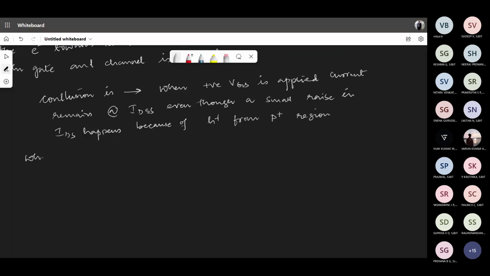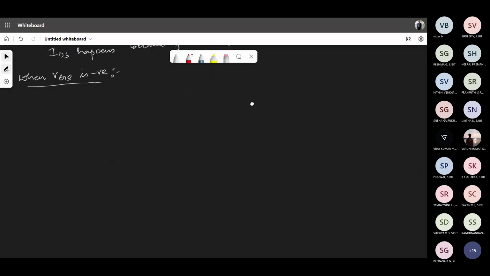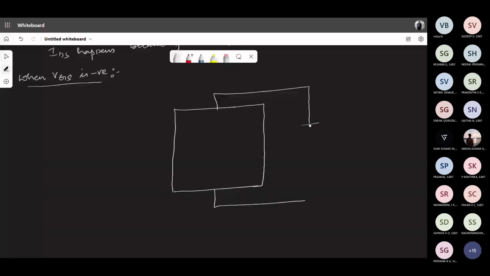Let us consider the third case, when VGS is negative. What happens when VGS is negative? Let us see. Again, I'll bring the same block, the layer diagram. You have to slightly exaggerate the channel part as well as the gate part, to make you understand what will happen in the FET channel part. Same positive voltage as far as VDS is concerned.